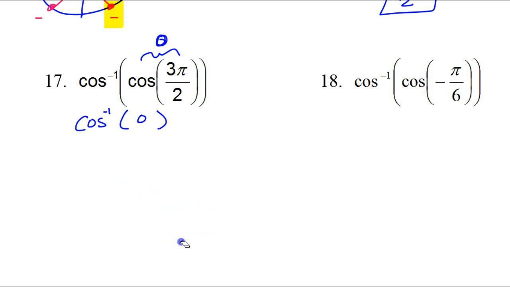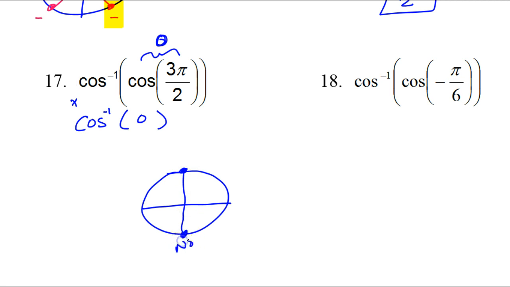Inverse cosine is just an angle. It's the angle whose cosine is 0. So the cosine of what angle is going to be 0? Well, there are two of them, remembering that cosine is an x value. x is 0 here and here on the y-axis.